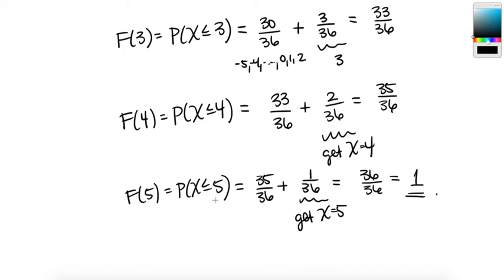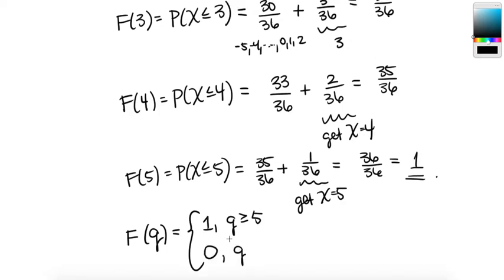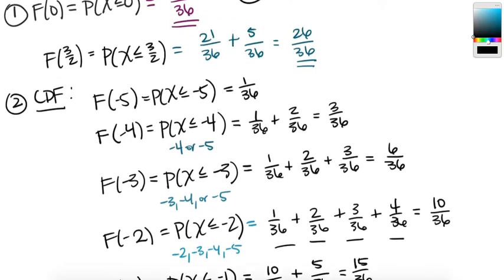Okay, and then we've got a couple things here. So f of q, anything bigger than 5 is just going to be 1. So it's 1 if q is bigger than or equal to 5. And it's going to be 0 if q is smaller than -5.